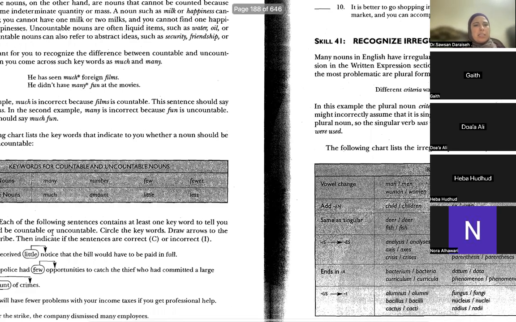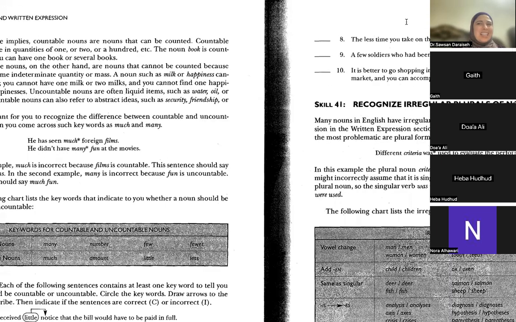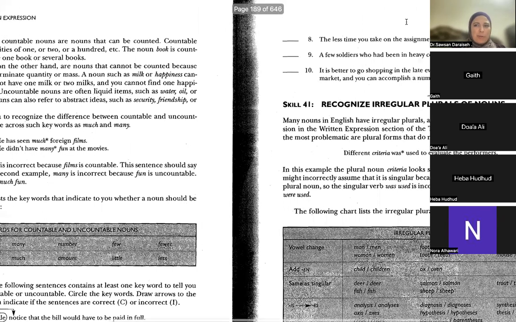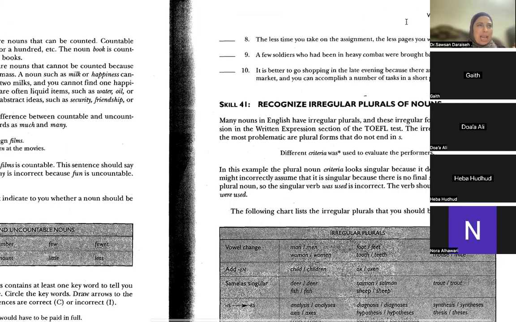We have number and here we have amount. With uncountable nouns, amount, but with countable we have number. A number means عدد من الأشياء, a number of things. Tasks, مهمات, in a short period of time.